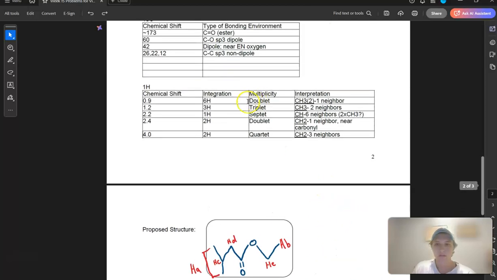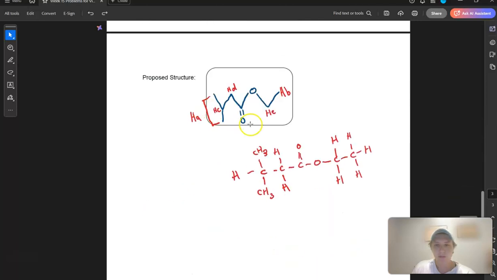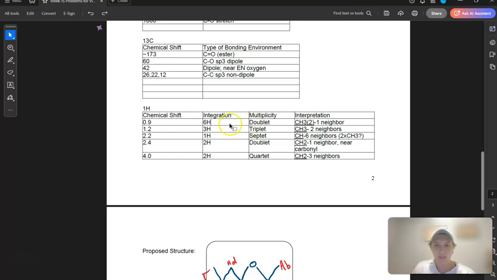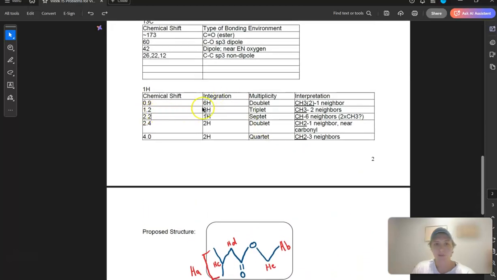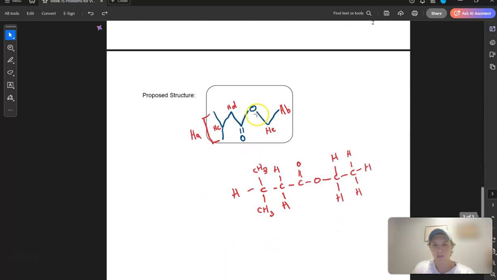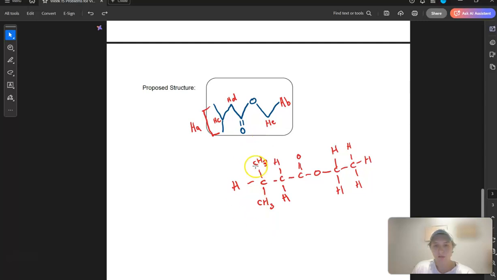There's our CH2 there. And it even works with the chemical shift because it's still more downfield than this one, which makes sense. It's 1, 2, 3 bonds away from an oxygen, whereas these two CH3s here are about 5 bonds away from an oxygen. So even the chemical shift works as well. So those 6 hydrogens, I'm assuming, are those 2 methyls. It's a doublet, so it has one neighbor. So there's our 2 methyl groups, and it's one neighbor on the end there.